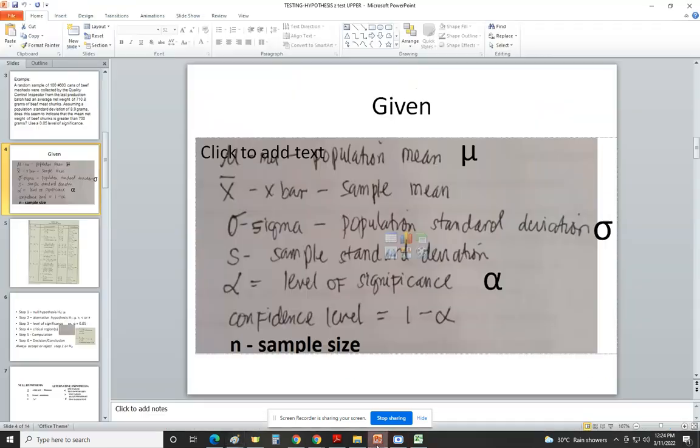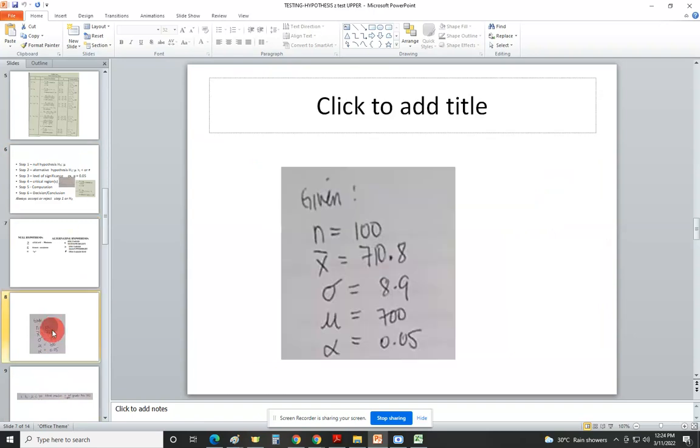Okay, let's go back with our problem here. So, here are the given. So, please practice, no? In enumerating what was given.